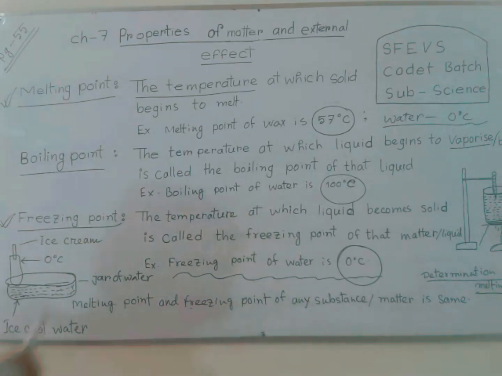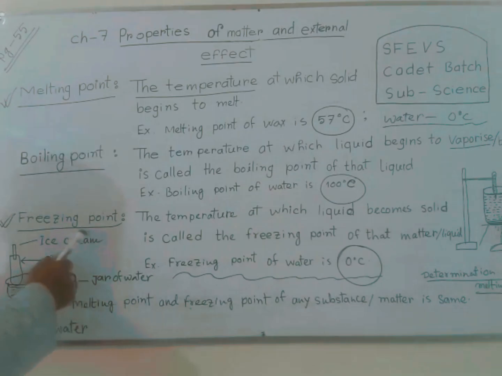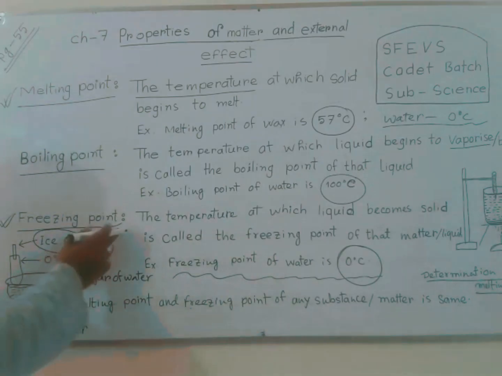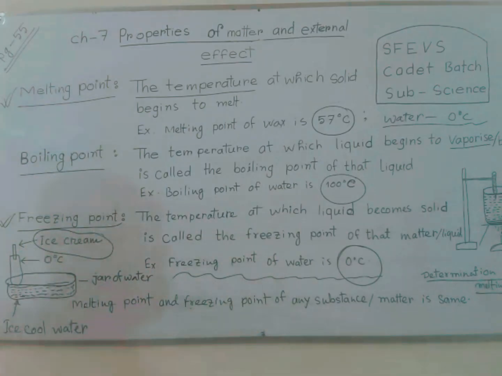So we have discussed water. When it is ice, its temperature is 0 degrees Celsius, and when we provide heat, it becomes ice cool water, and as it is ice cool water, its temperature is also 0 degrees Celsius. Okay, so the melting point of water and the freezing point of water are the same.